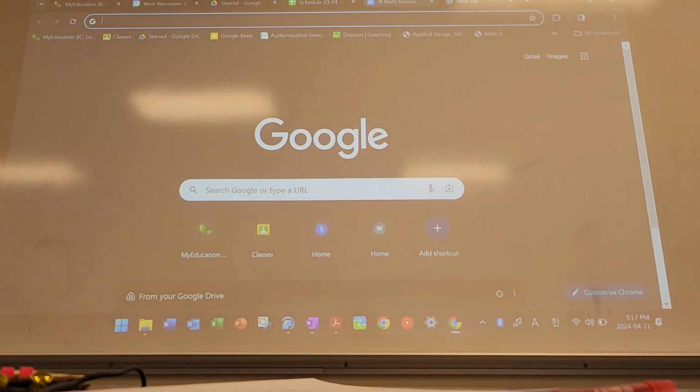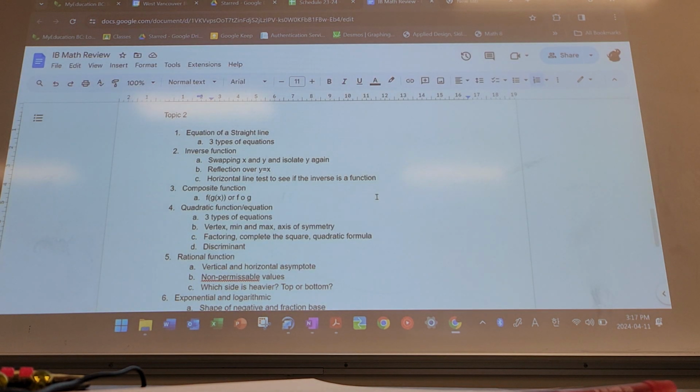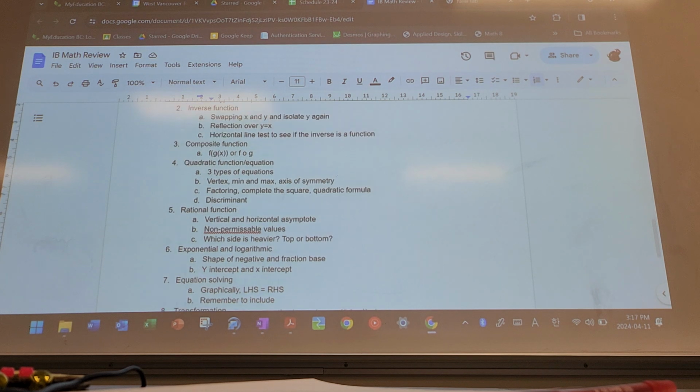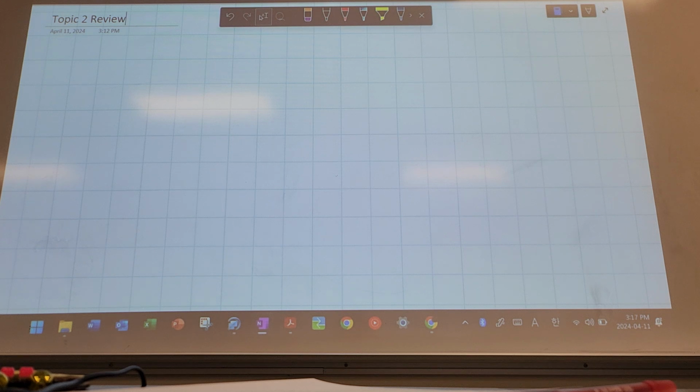Right, let's get started with the little cheat sheet. So once again, just like yesterday, I think we can divide this topic 2 into multiple categories, like chapters. The first is the equation of a straight line. And then we have the inverse function.